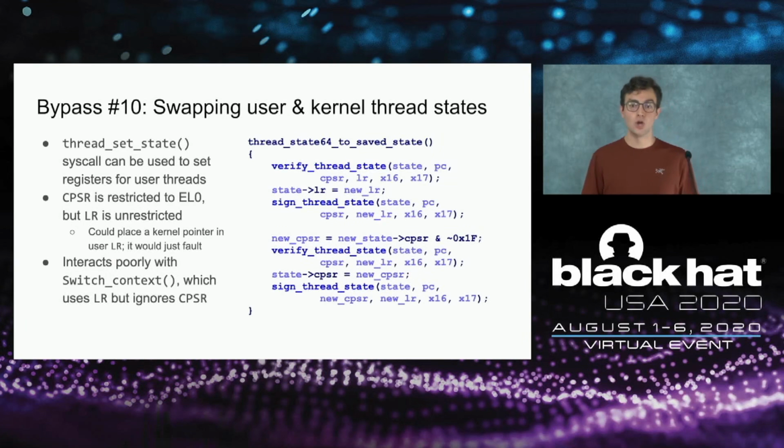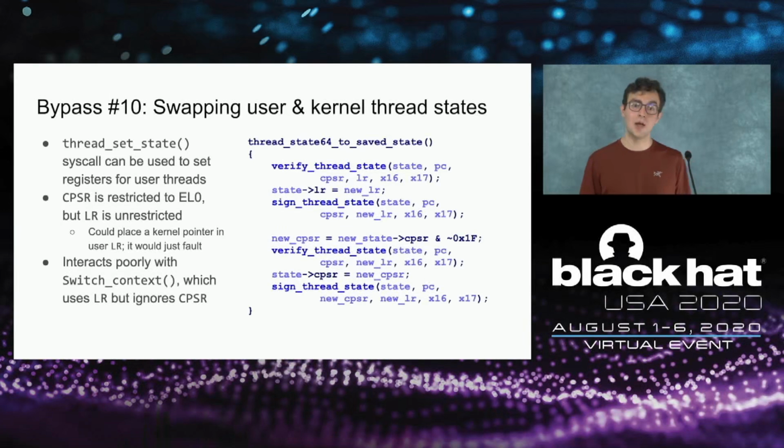It's not going to violate kernel control flow integrity. So thread set state is fully secure against exception return. You can't use thread set state to sign thread states that are then usable by exception return to violate kernel control flow integrity.